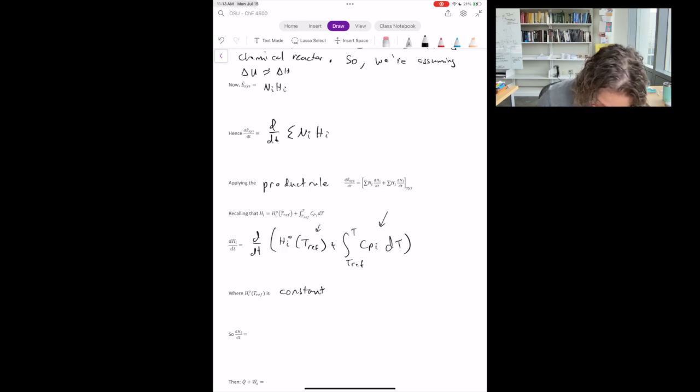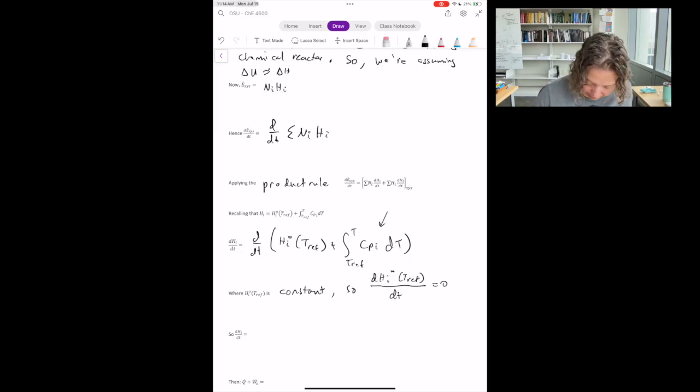So dHi at T ref/dt equals 0. That means we only have to worry about this second term. So our dHi/dt term is going to be equal to d/dt of that.